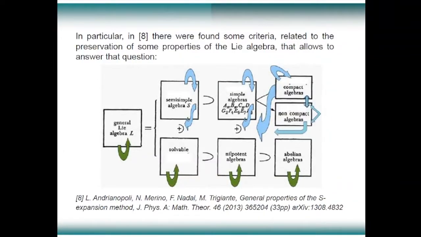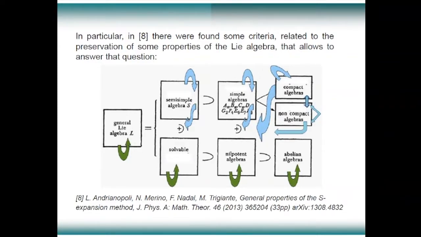Another thing that has been done, and there is work to do here too, is the preservation of some properties of the Lie algebra. The algebras also have some different classifications. We have a general Lie algebra, but they can be decomposed into a semisimple algebra, a solvable algebra, and so on.